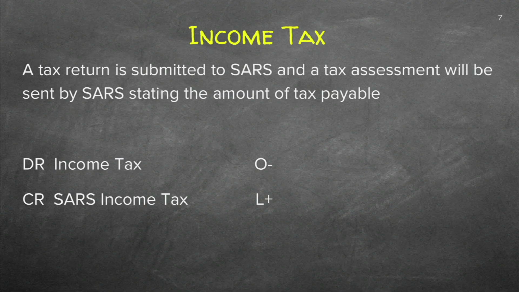Nowhere in our books have we recorded how much we actually owe SARS according to SARS tax assessment. And so we are going to debit income tax expense account, O minus, and we are going to credit SARS, and here we are creating the liability.